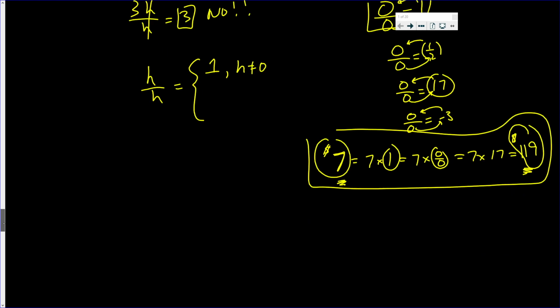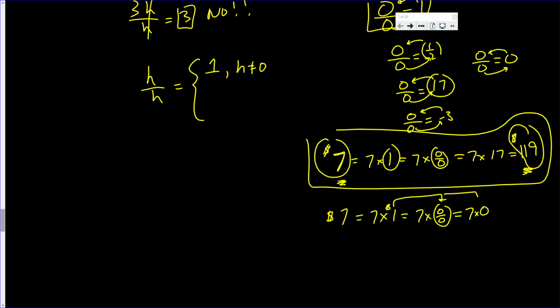In fact, if it was me, what I would say is the following. 7 is equal to 7 times 1, which is 7 times 0 over 0, because that's 1. But you know what? 0 over 0 also equals 0. 0 times 0 is 0. So I'm going to say, well, yeah, you're right, 1 is the same as 0 over 0. And I'm now going to say that 0 over 0 is the same as 0. Therefore, I owe you no money.